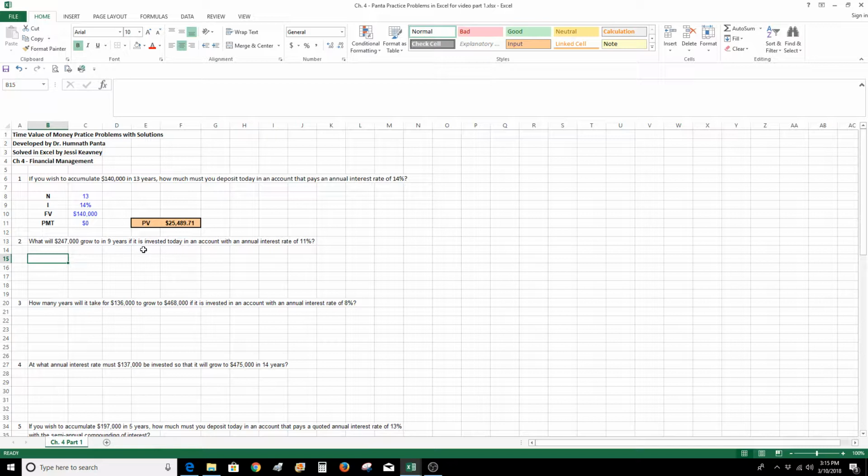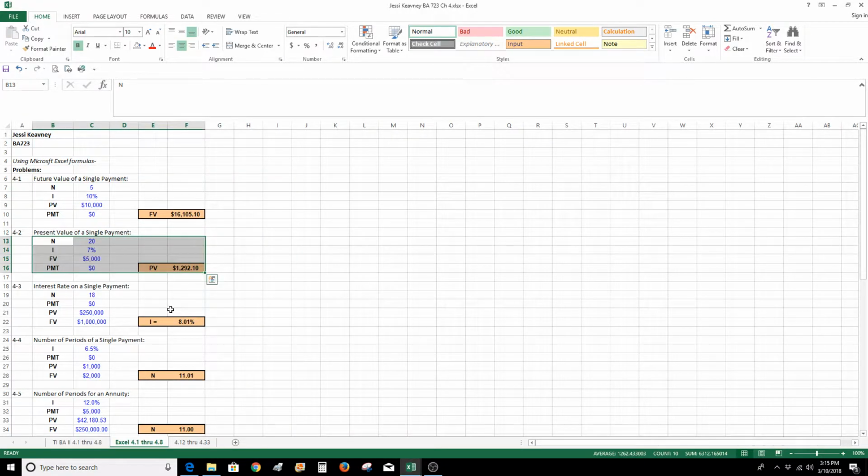Okay, number 2, it says what will $247,000 grow to in 9 years if it is invested today in an account with an annual interest rate of 11%. So you're looking for the future value because it says what will it grow to in 9 years. When you're doing your problems or your exam, what I typically like to do is have formulas ready to go.